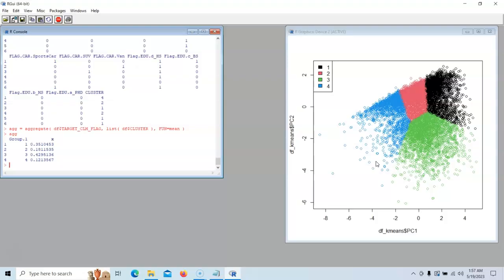Now, how can we interpret these? If somebody says, what is cluster number 1? Your boss wants you to interpret it. I'm about to show you how to interpret clusters when you have lots of variables.